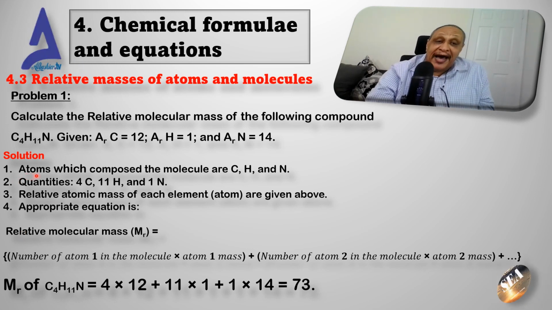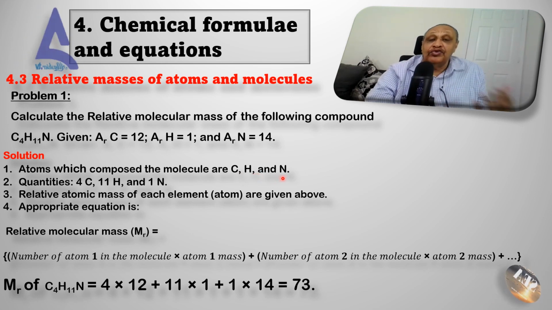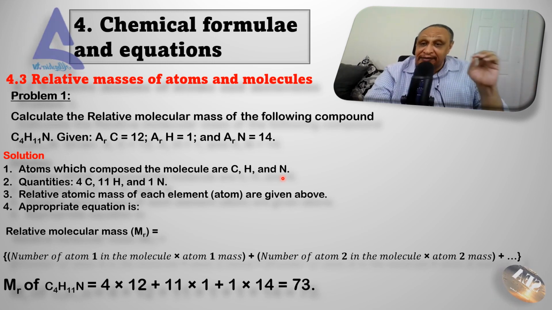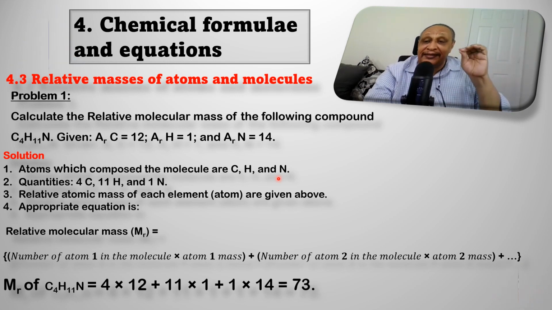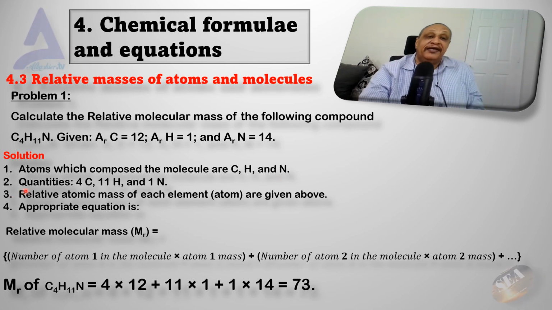Number 1, the atoms which compose the molecule are C, which is carbon, H, which is hydrogen, and N, which is nitrogen. This is the first item you have to search for, which is to determine the atoms that make up the molecule. Now, quantities.